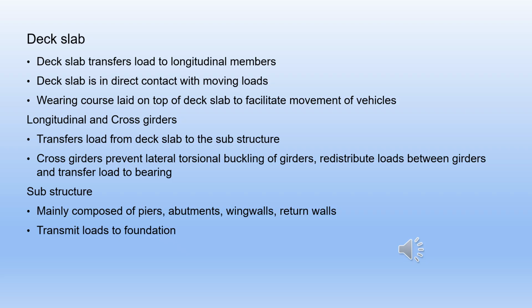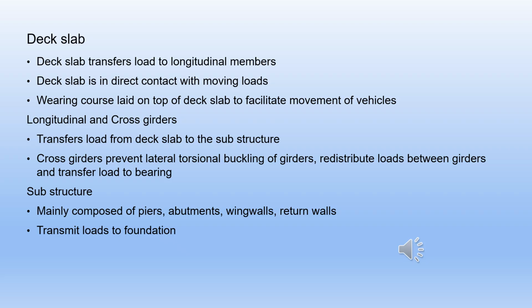The cross girders prevent the lateral torsional buckling of girders, redistribute the loads between girders, and transfer load to bearings in case of indirect supports, where girders are supported on diaphragms, or to the substructure in case of integral bridges. Girders are mainly designed to cater to the gravity loads due to the fact that they span horizontally. Girders are made of RCC, PSC, or steel, depending on the structural form adopted.